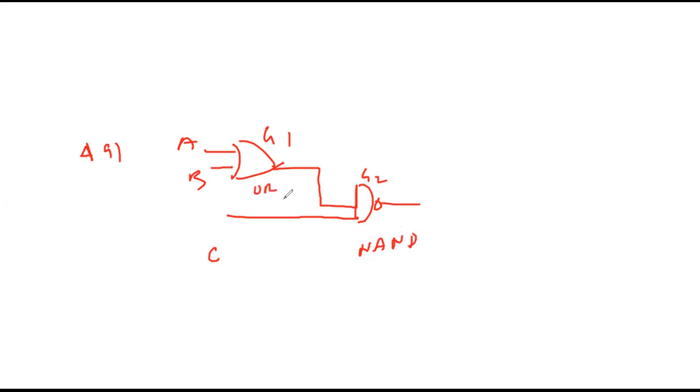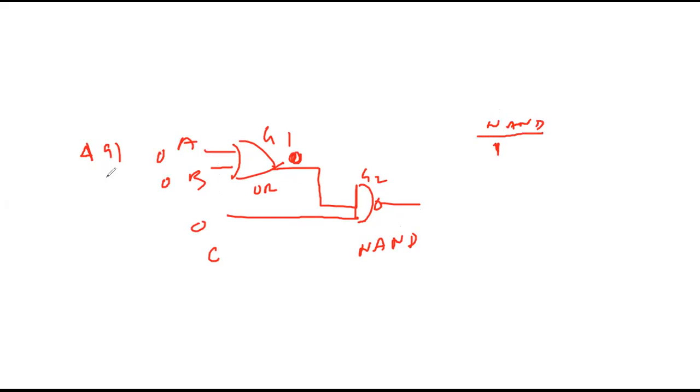And this is OR. They want the output. First logic gate, if A is 0, B is 0, C is 0. If A is 0, B is 0, this will be 0. 0, 0, in case of NAND, it will become 1. NAND output is 1.